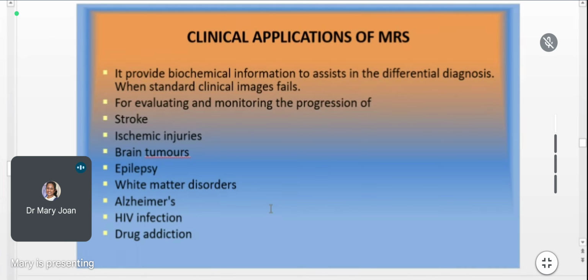HIV infections, drug addictions. So you know that all these are also kinds of neurological disorders. These minute changes in the system might not be that visible. We might not be able to know otherwise, but this MRS imaging helps us identify what exactly the problem is. Once we identify that problem, we can treat accordingly.